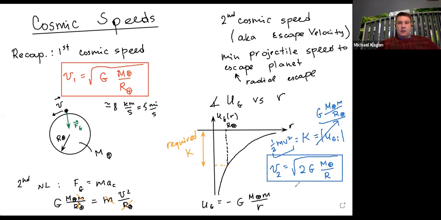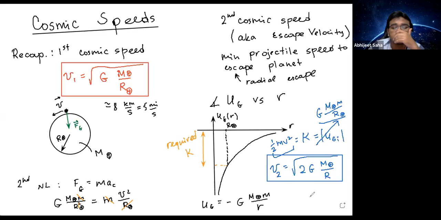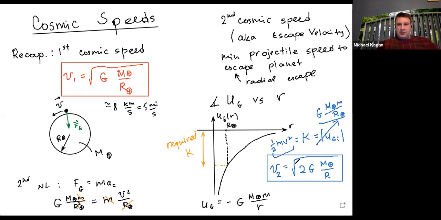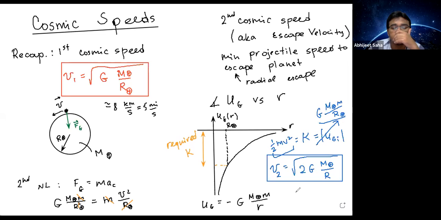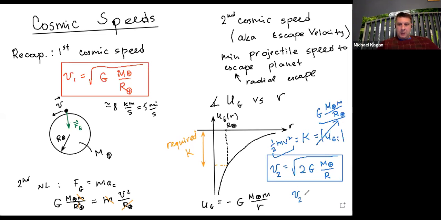Okay, so I want you to compare and contrast these two velocities. Oh, is it double? I wouldn't say double. It's actually root 2 times. Kinetic energy would be double, but as far as speeds, you can write root 2 times.